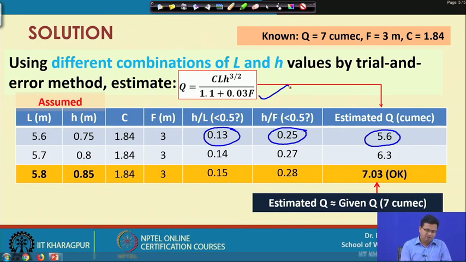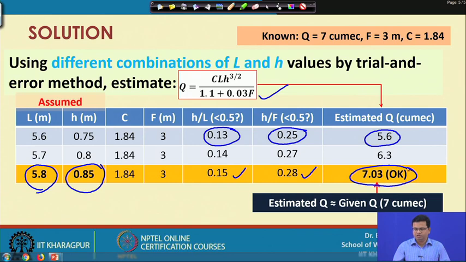Then finally, I have selected L equal to 5.8, h equal to 0.85, and correspondingly I am getting small h divided by L as 0.15, small h divided by F equal to 0.28, and both are less than 0.5, and I am getting the value of Q as 7.03, which is nearly equal to 7 cubic meters per second, which is my design discharge.